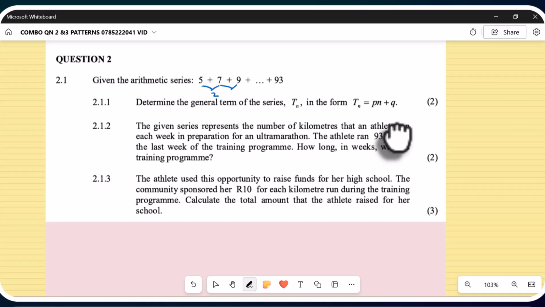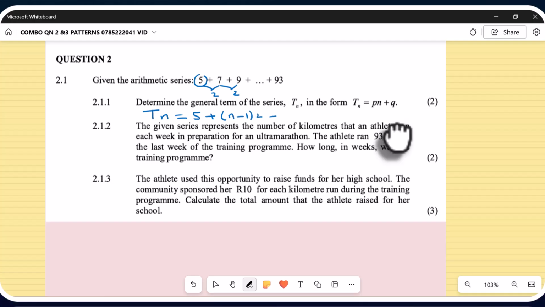You can say that our Sn is given by n over 2, into the first term, which is a, plus the last term, close bracket.